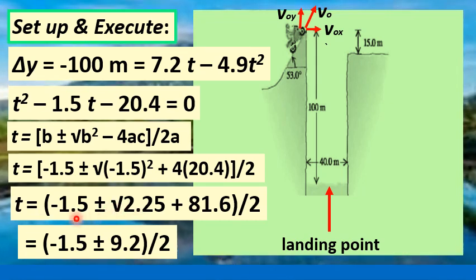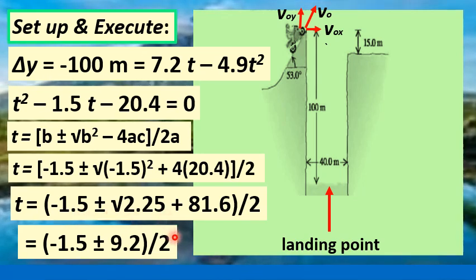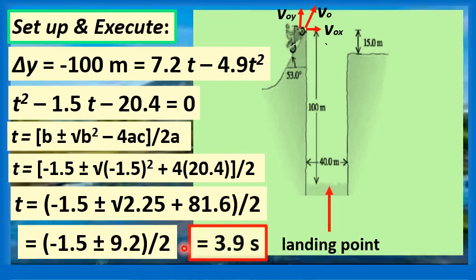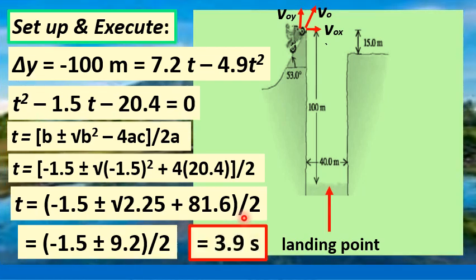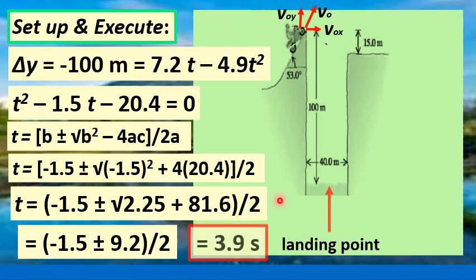In other words, negative 1.5 plus 9.2 and then divide by 2, we will get the value for the time t equals 3.9 seconds in two significant figures.